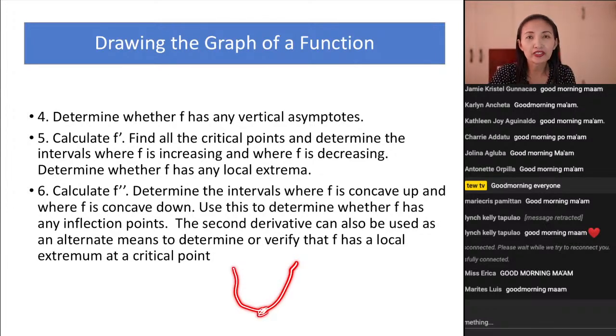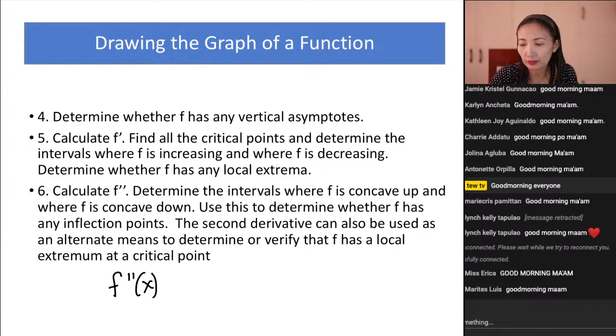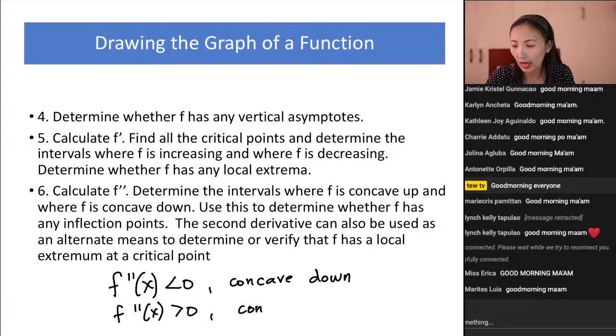If f double prime of x is less than 0, this is concave down. If f double prime of x is greater than 0, then concave up.